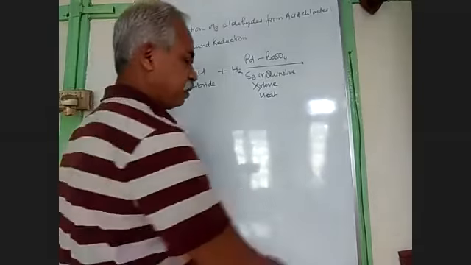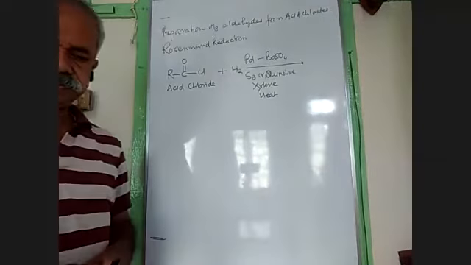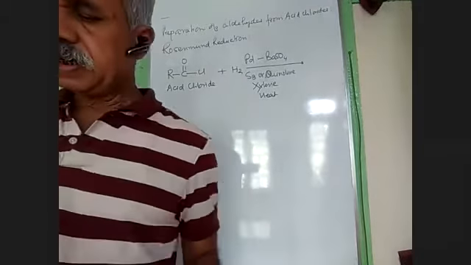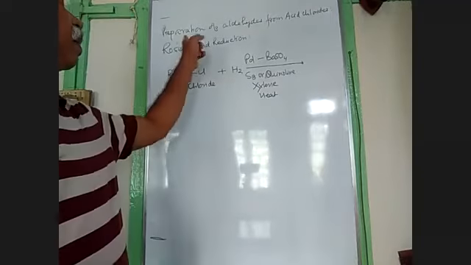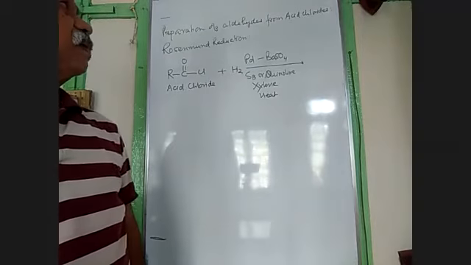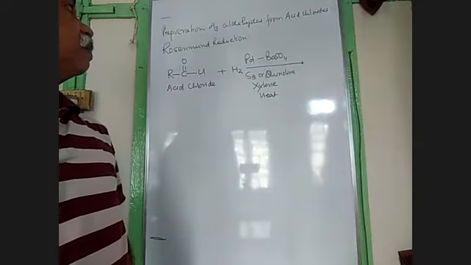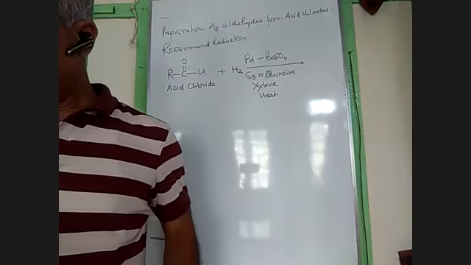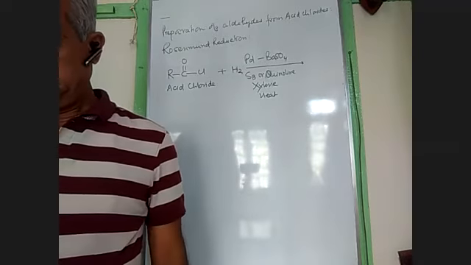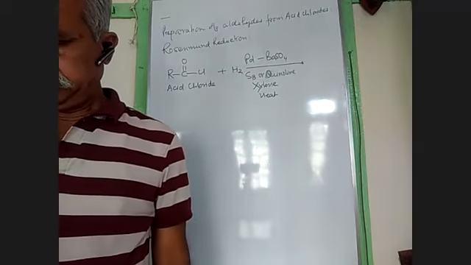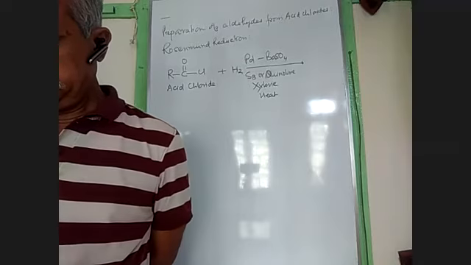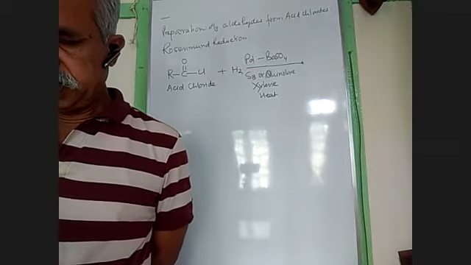So, please write. Rosenmund reduction. Right here. Preparation of aldehyde from acid chloride or Rosenmund reduction.